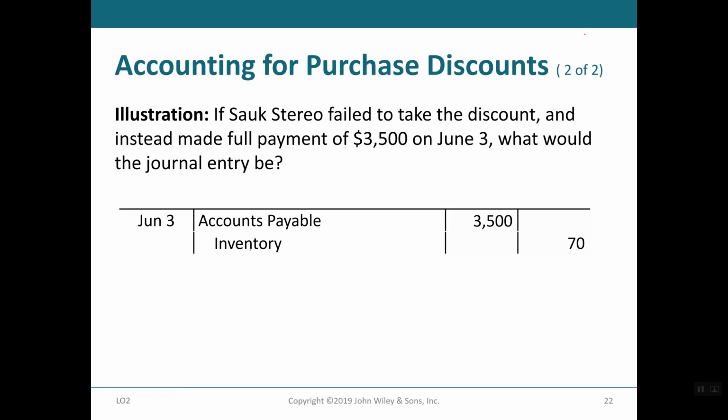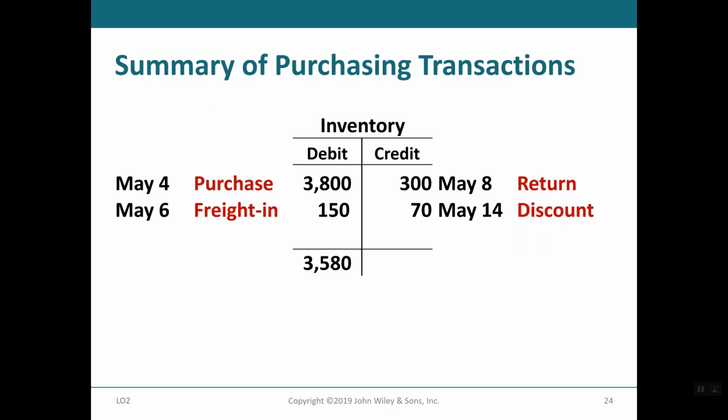This is supposed to be cash, and this is going to be 3,500, because he didn't take advantage of the discount. So it's just direct: a decrease in your accounts payable of 3,500, and a decrease in cash because you're paying that out, which is an asset.